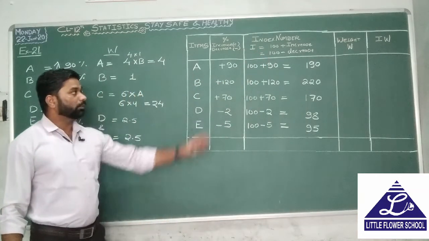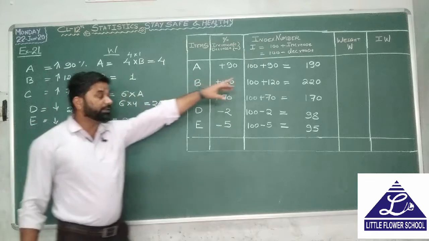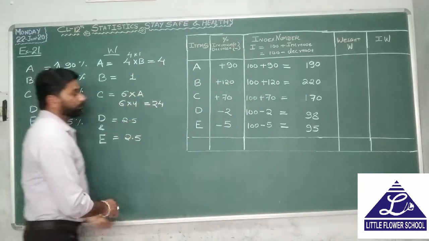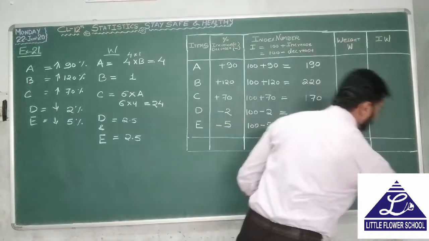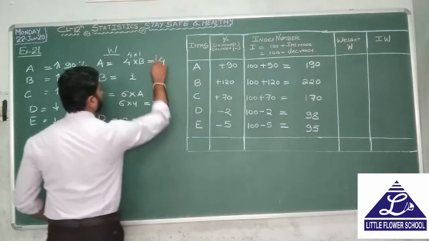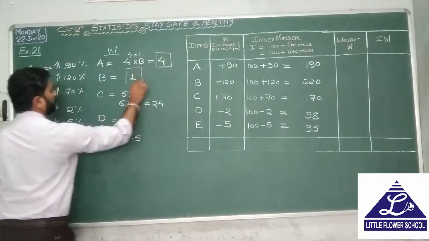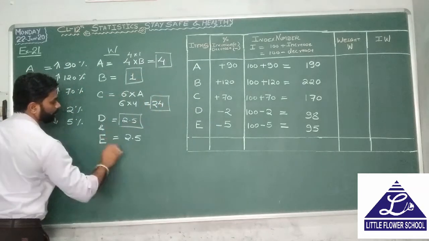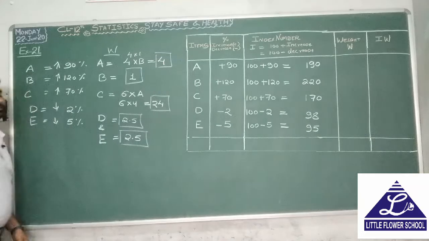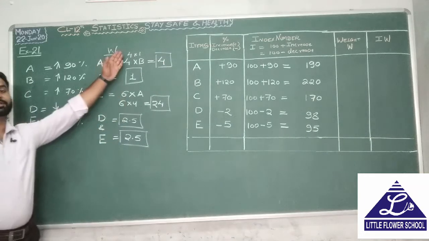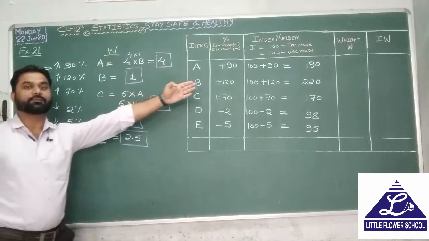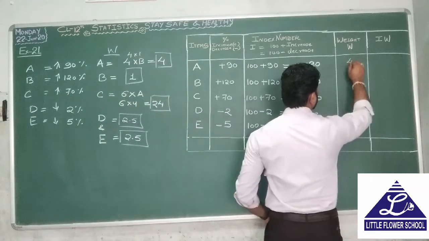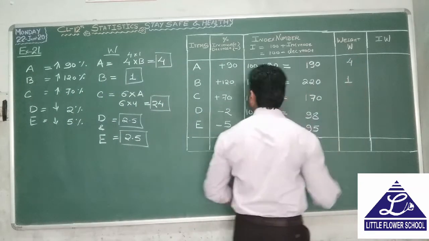Now we are going to find out the weight, and we have already calculated the weights here. These are the weights: 4, 1, 24, 2.5 and 2.5. We have calculated them and we will write them over there.